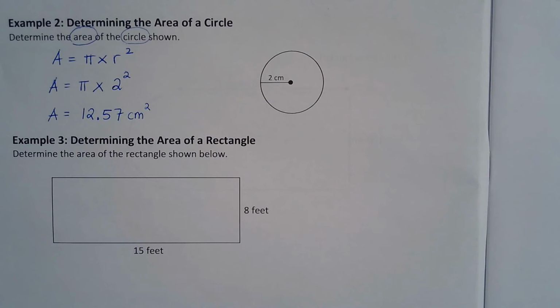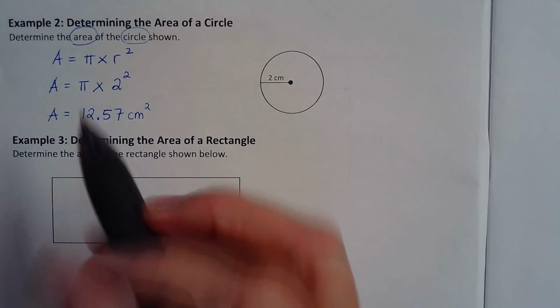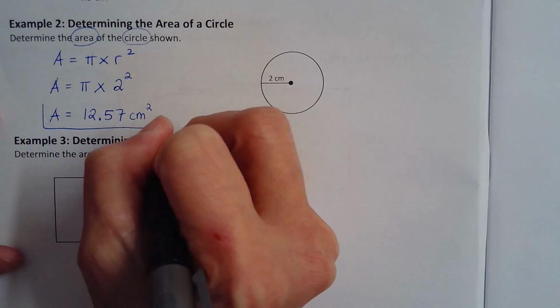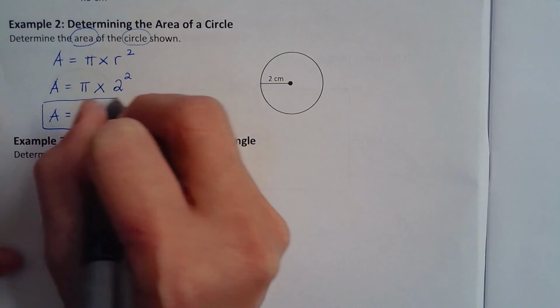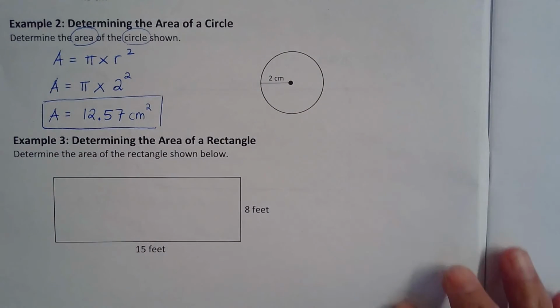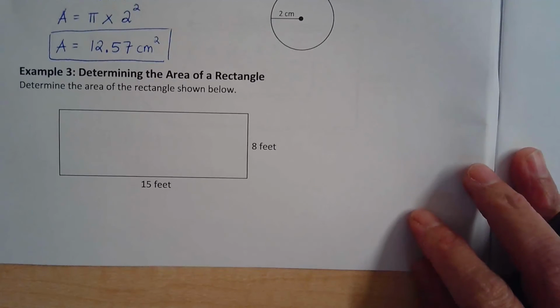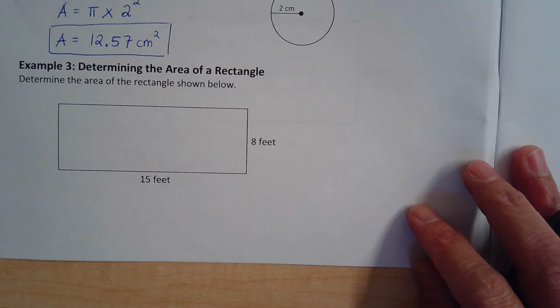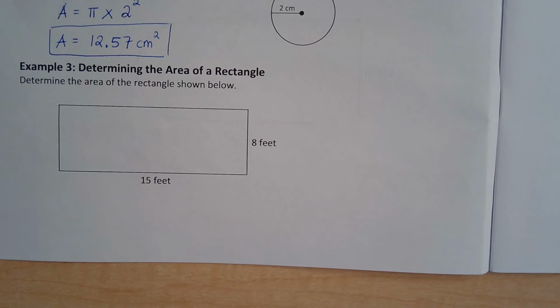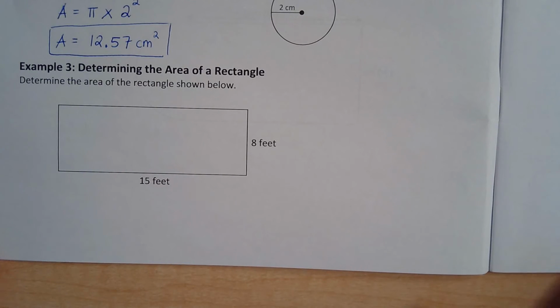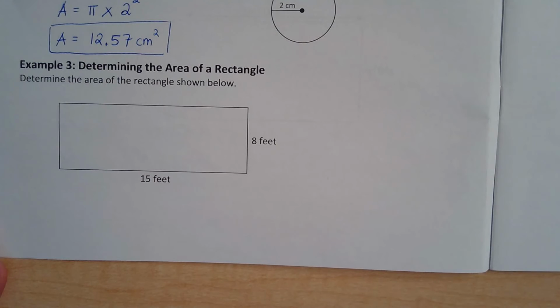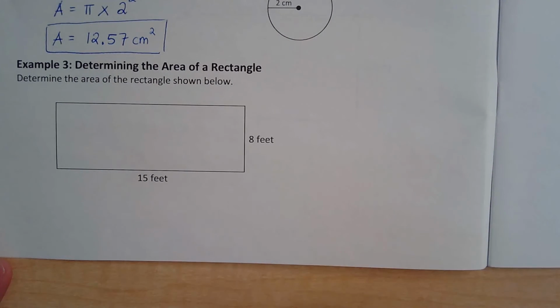Yes, everybody got 12.57? Yeah? Okay, good. Jane is just checking to see if you need help. If you do, just wave at her and she'll help you with your calculator. I think for the most part, you should be good.